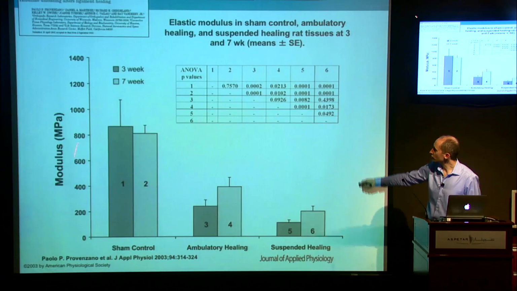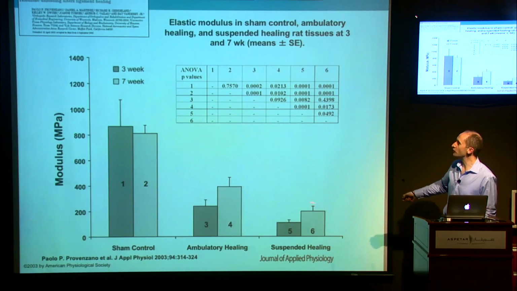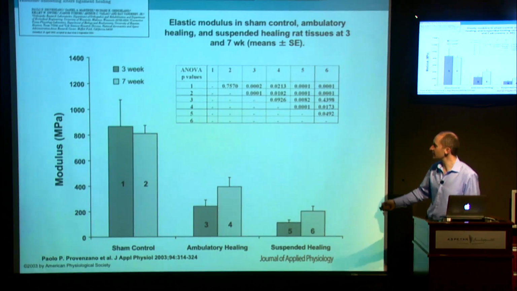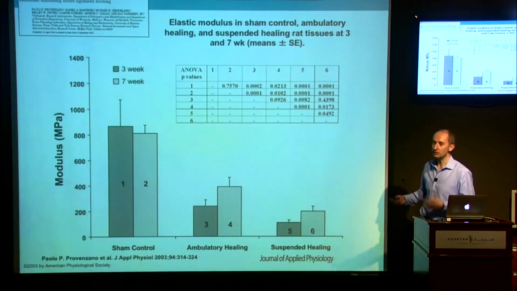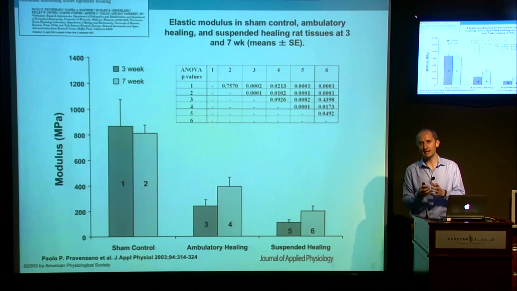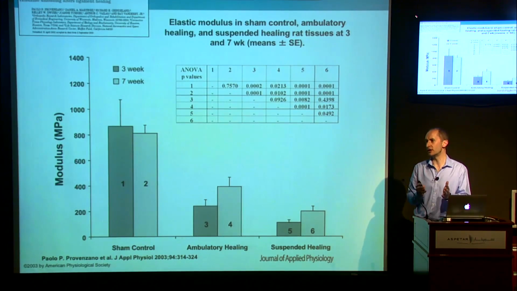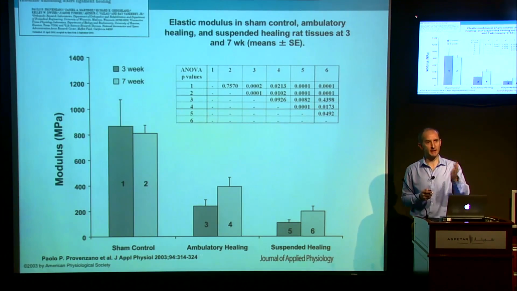We see the control group, ambulatory healing, and suspended healing, where we removed all loading, and we look at the modulus. What you see consistently again is that the tissue is stronger whenever they are able to move. And this is ligament again, and whenever they're able or encouraged to go to free ambulation early. So early mobilization, early loading facilitates mechanical outcomes.